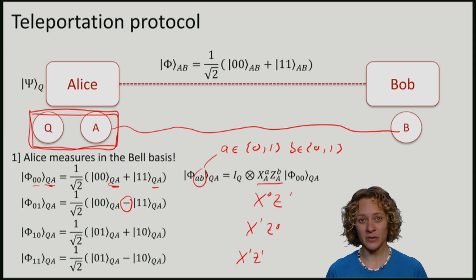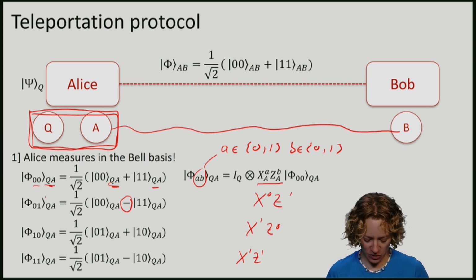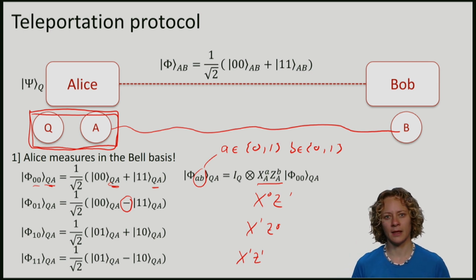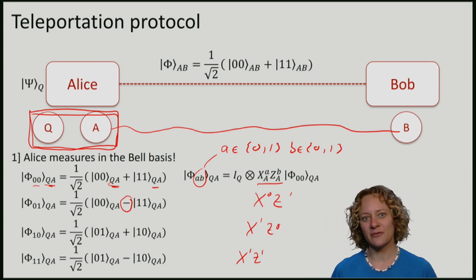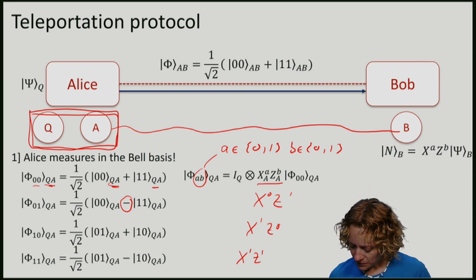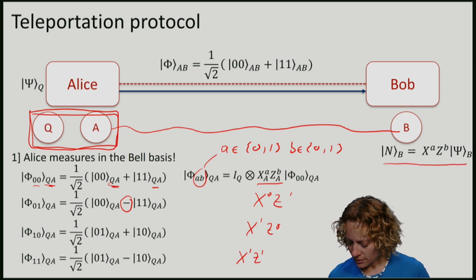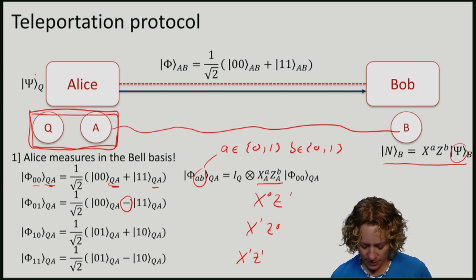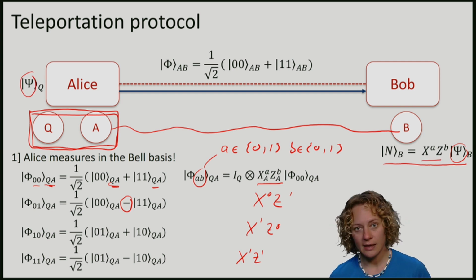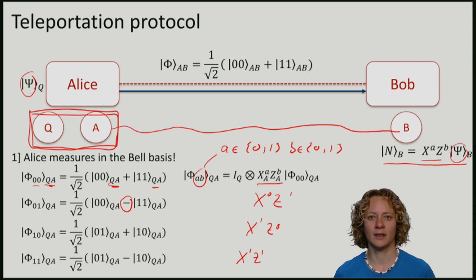The measurement outcome will be A and B, namely which of these Bell states Alice gets. What effect does this measurement have? As we will see shortly, if Alice got outcome AB, then Bob's qubit B is in this state, psi, namely the state that Alice wanted to teleport, and in front we have Pauli's X to the A and Z to the B. Of course, Bob does not yet know A and B. He would see a mixed state.